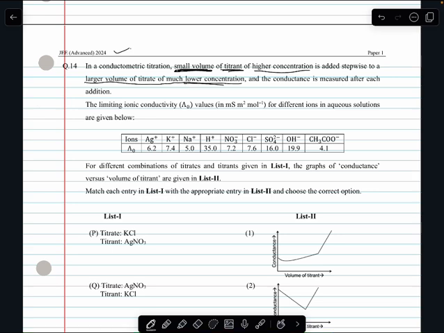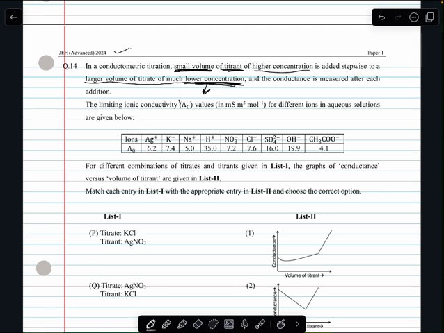So if the concentration is lower, I can apply Kohlrausch's law of independent migration of ions on this titrate, and the conductance is measured after each addition. The limiting ionic conductivity values for different ions in aqueous solution are given below.